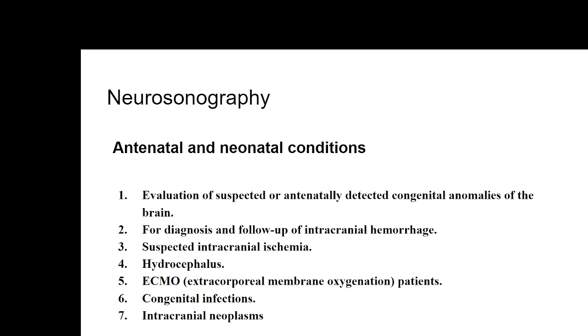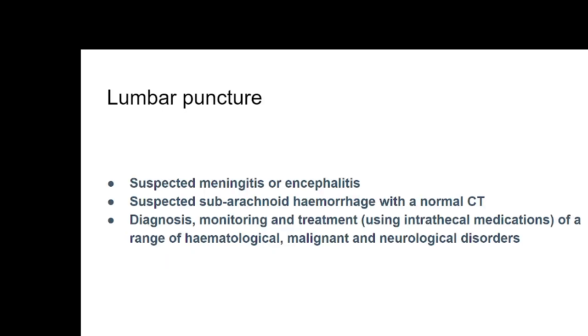They are now better made out with neurosonography, because in neonatal conditions CT or MRI would not be easily possible, and antenatally, of course, it's only neurosonography which can be done.